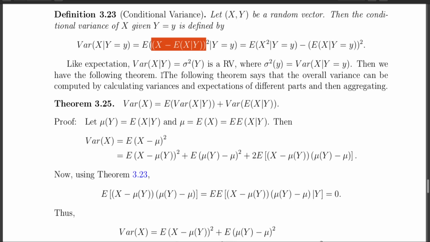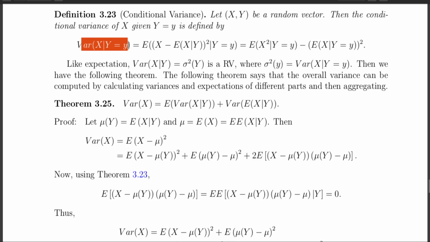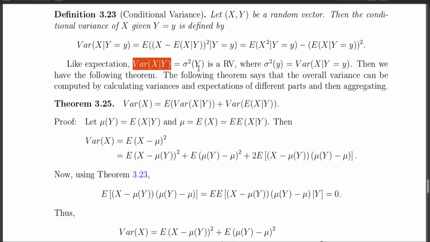Just like the previous case, this is now a function of y, and sigma square y is nothing but the variance of X given Y. The variance of capital X given capital Y is denoted by sigma square capital Y, which is again a random variable. So I can talk about the expectation of this random variable or the variance of this variable.